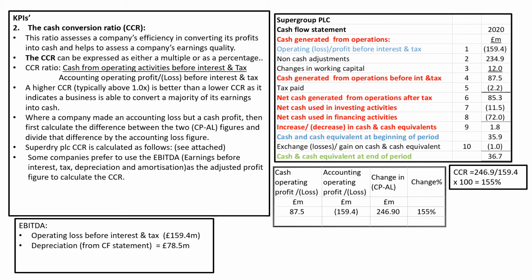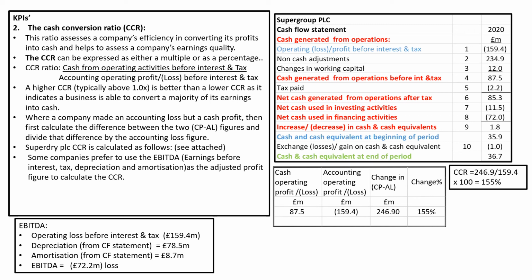We add back the depreciation, which we get from the cash flow statement, which is 78.5 million. We take the amortization, again from the cash flow statement under operating activities, 8.7 million. And this gives us a reduced loss of 72.2 million.